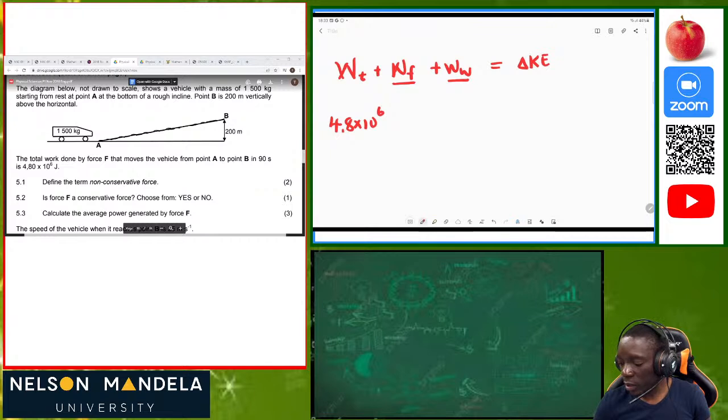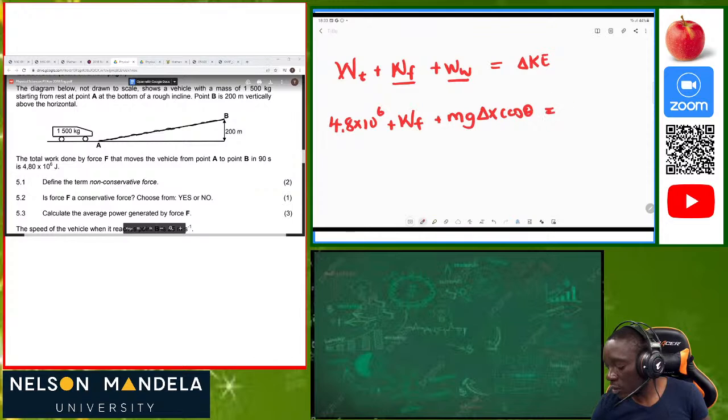So this is 4.8 times 10 to the 6 plus the work done by friction, and the work done by gravity will be mg delta x cos theta, equals half mv squared.